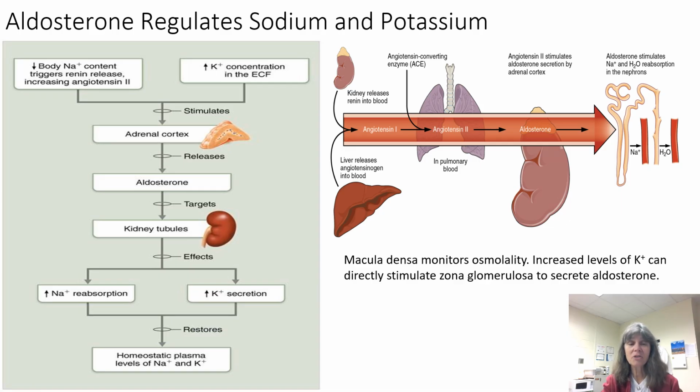So we hold on to sodium, water follows, we get rid of potassium, and we're basically exchanging cation for cation in that process. And in the kidneys, remember that the macula densa monitors osmolality. So increased levels of potassium can directly stimulate the zona glomerulosa to secrete aldosterone to help get rid of that excess potassium.